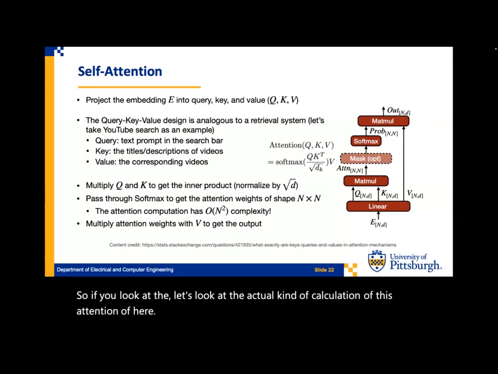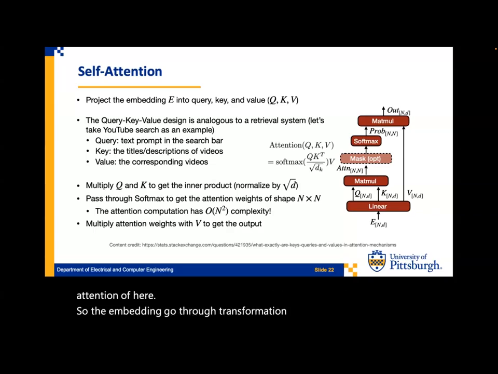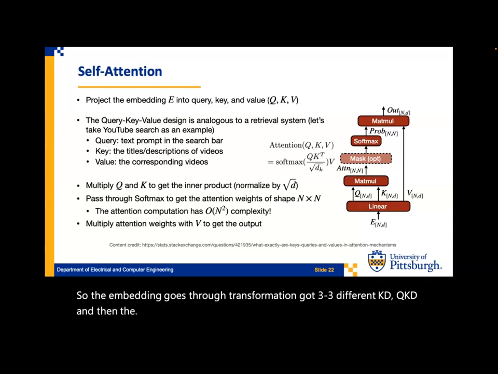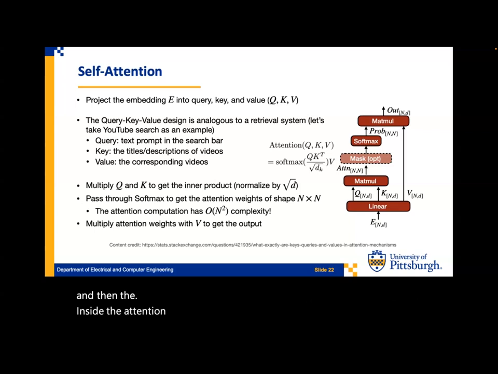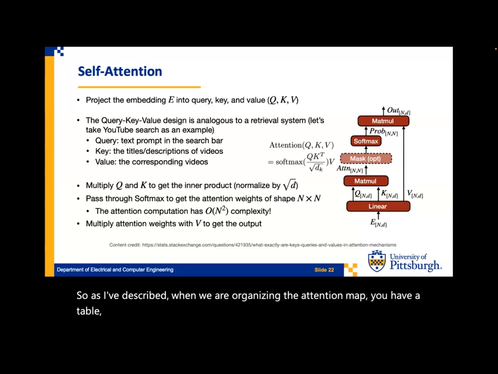The embedding goes through transformation into three different matrices, Q, K, and V, and inside the attention, each word uses its own Q to attend with other words' K. As I described, when we organize the attention map, you have a table, with rows and columns.